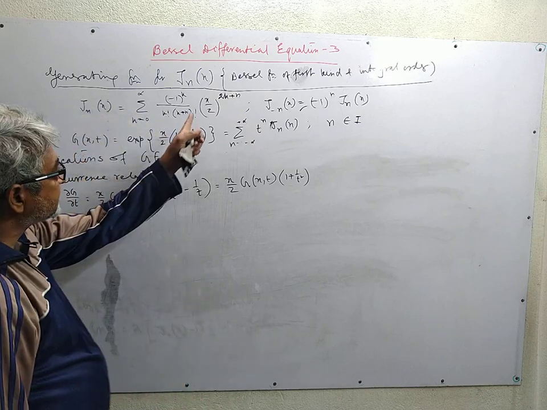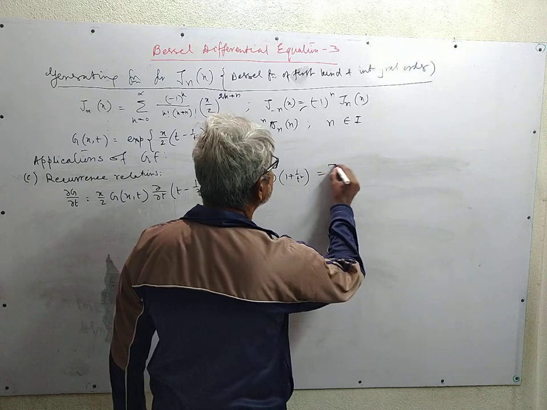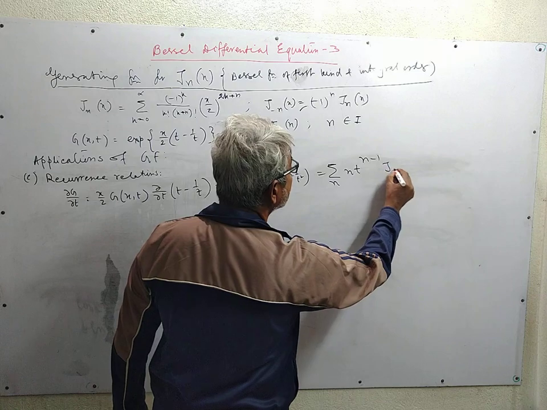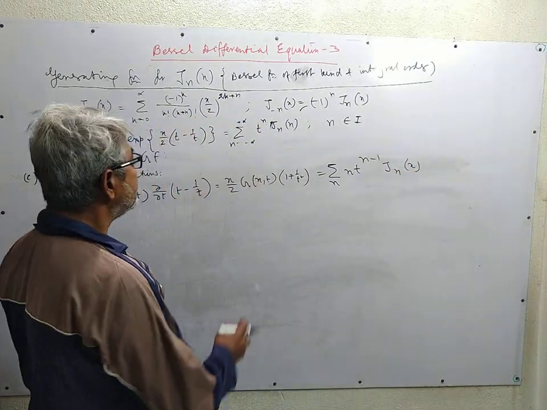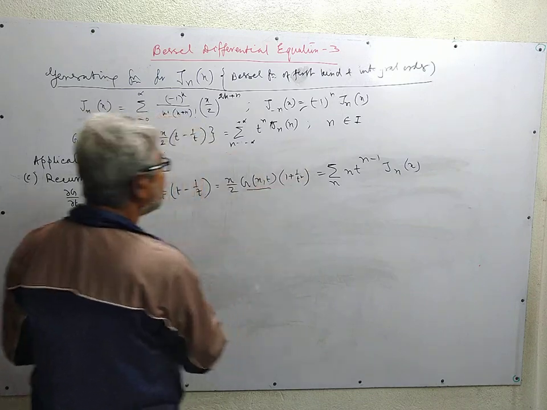And on the right hand side, when we differentiate this, we get a summation over n t to the power n minus 1 jn of x. So for g we write another expression of this sort.